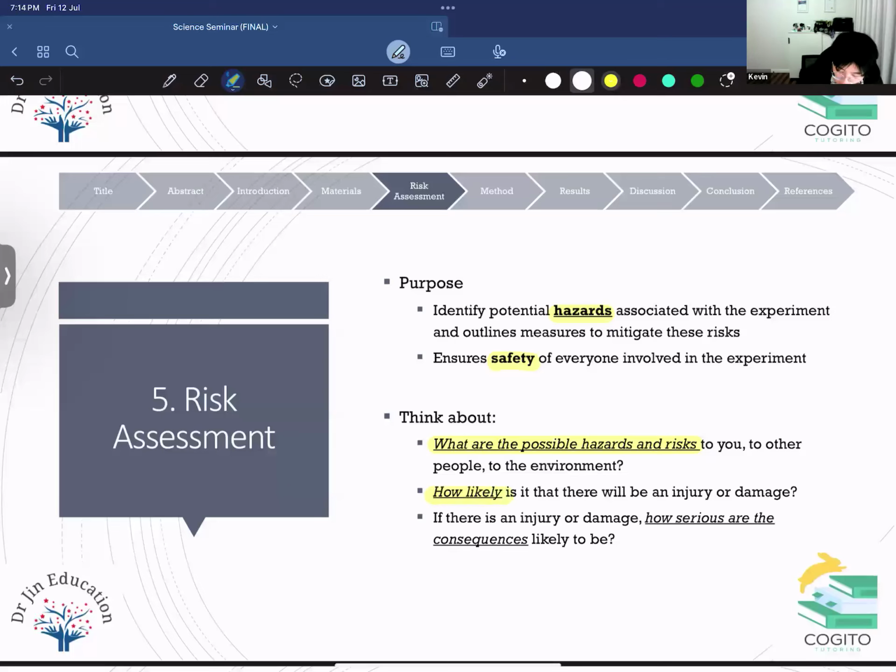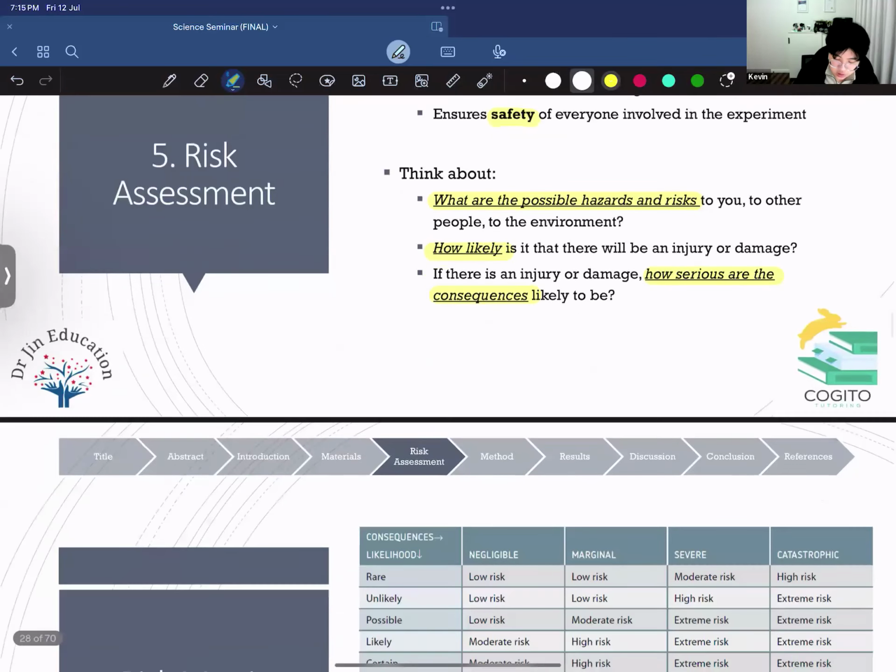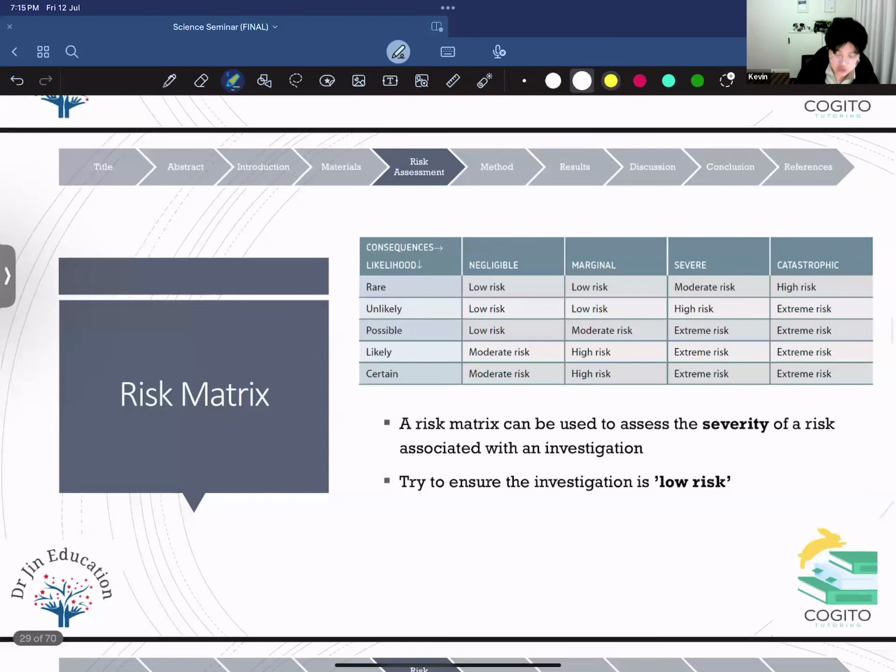You must think about how likely is it that there will be an injury or damage, all right? And if there is an injury or damage, how serious are the consequences, okay? Now, when you think about those, right, you can actually use a table like this. This is called a risk matrix. This is what you use to determine whether this experiment should go ahead or not.